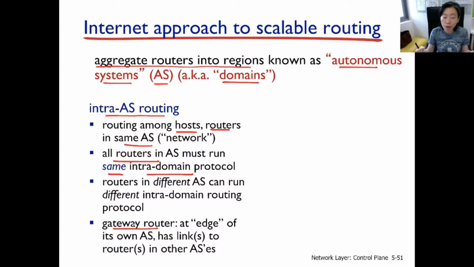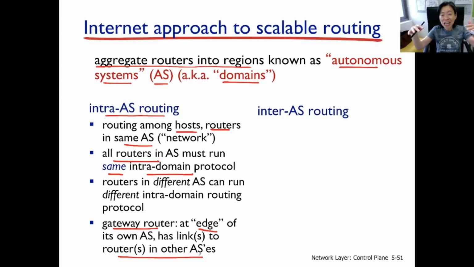So gateway routers, powerful delegate routers, sit at the edge of their own AS and have links both to routers within the AS and to routers in other ASs. And therefore, this routing protocol, running in the backbone of the internet, is called the inter-AS routing. That is the routing protocol running across the gateway routers.